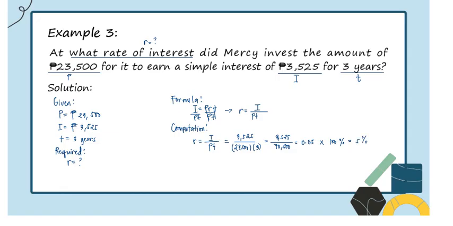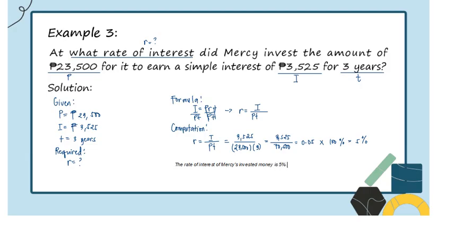So if we are going to answer the problem again, at what rate of interest did Mercy invest the money? You would say the rate of interest of Mercy's invested money, not borrowed, invested money, is 5%.